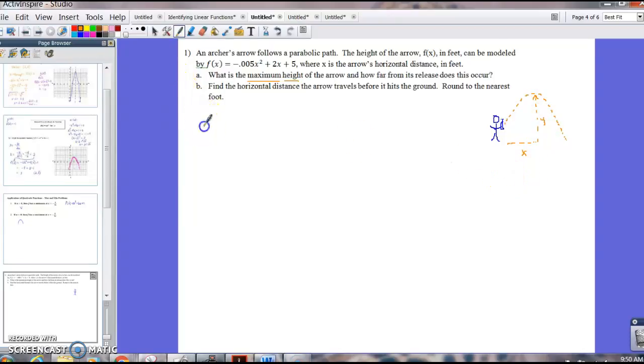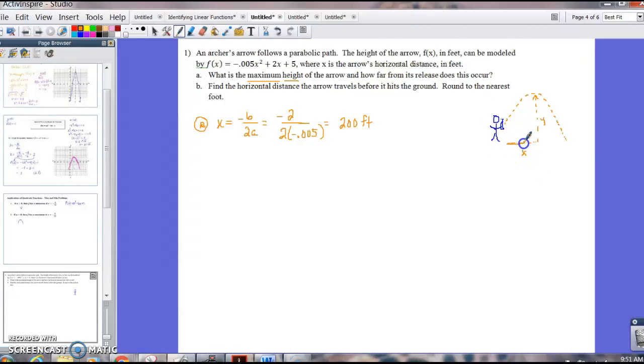Okay, so the first thing I want to do is find x equals negative b over 2a. And so we're just going to plug those values in from our formula. So we've got negative 2 over 2 times negative 0.005. And if you do that out in your calculator, you end up with 200 feet. Okay, so that's how far from its release it occurs.